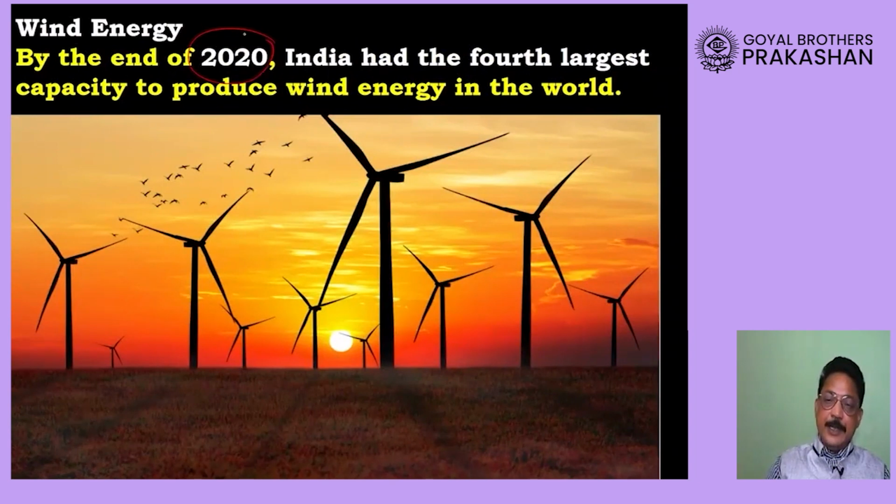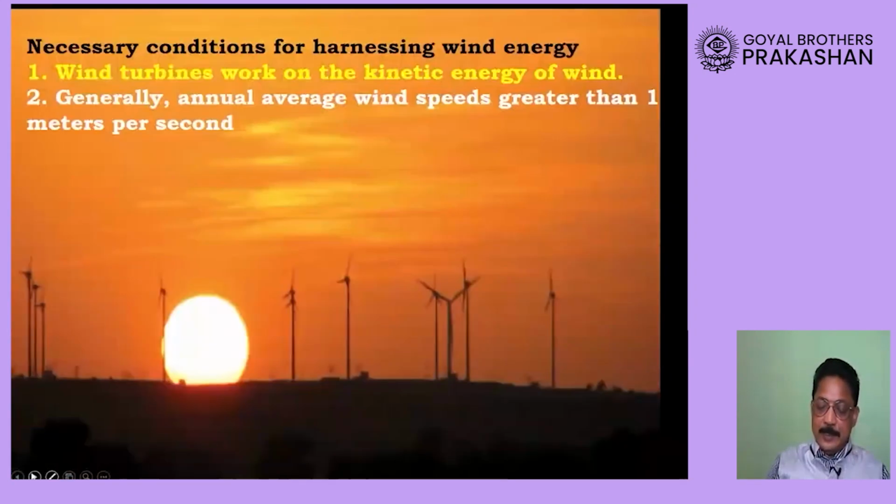Next one is now wind energy. If you look at this year 2020, India had the fourth largest capacity to produce wind energy. That is also a very good sign. So you can notice here, student, that our country is making a lot of effort to develop these renewable non-conventional energy resources.